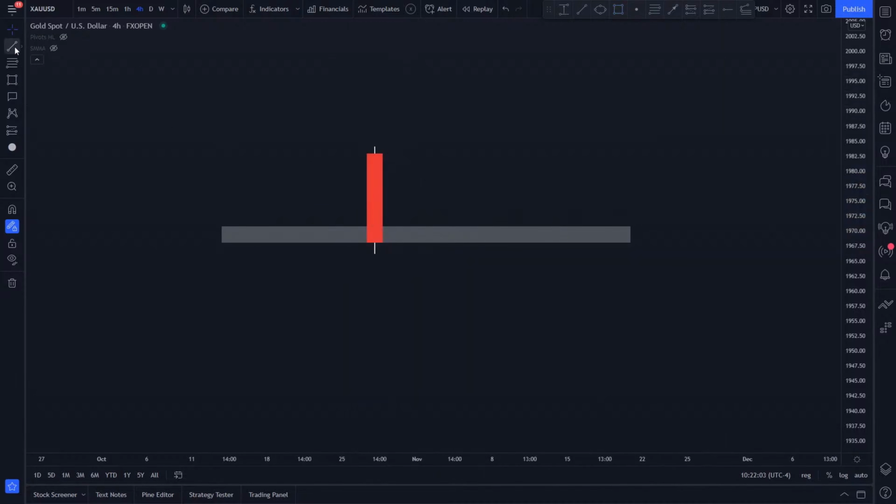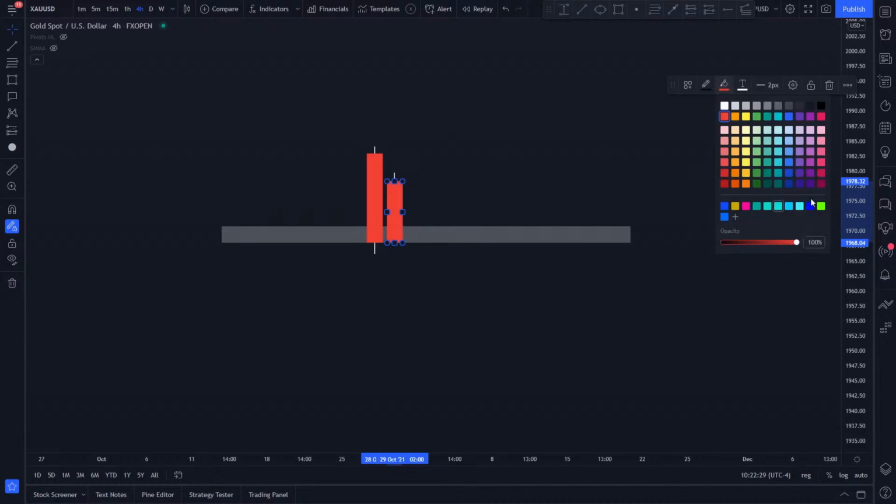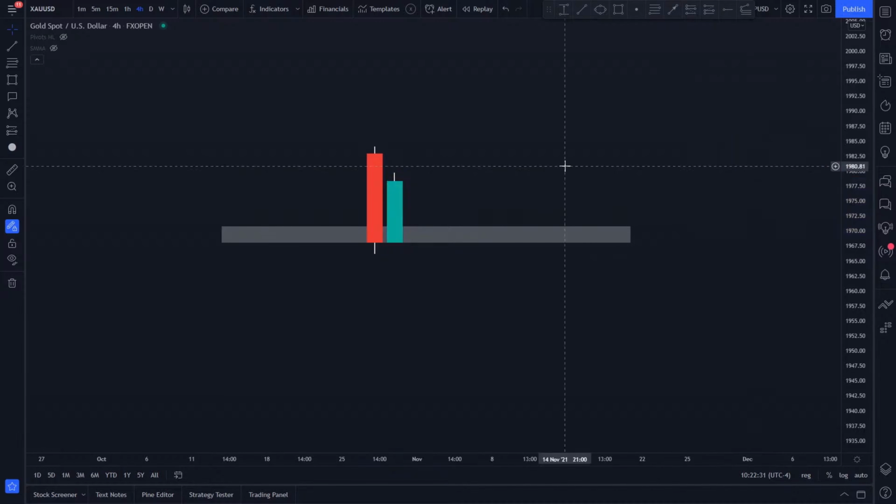And what normally happens is the inside candlestick forms on the inside of the candle. So let's go ahead and draw out the candle here. We had the opening, we had the close of it, and then what normally happens is it's going to be bullish.